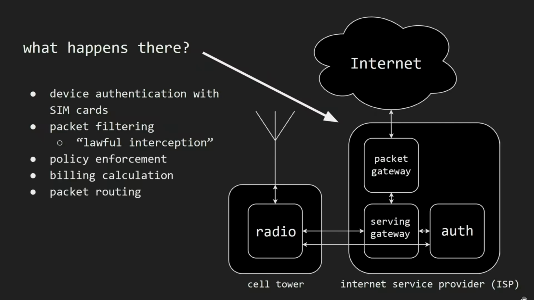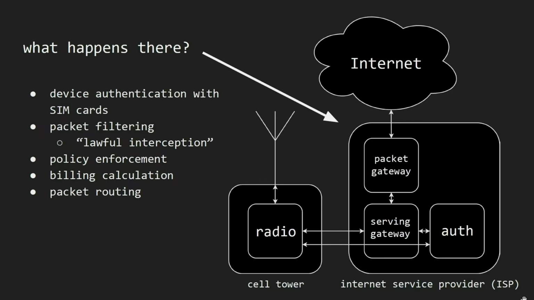Other things that it does is policy enforcement. Basically it means if you buy a slow speed subscription, it will make sure that you won't get good speeds. They calculate the billing, so if you have a per-megabyte subscription, then they calculate the megabytes. Then they route the packets.